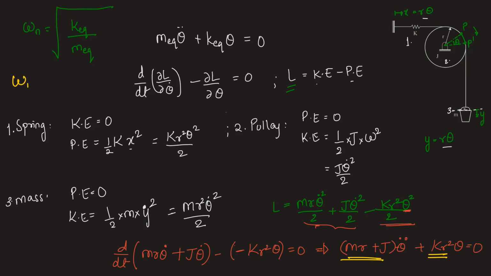Substituting it here, we have natural frequency is equal to under root of k r square upon m r square. So actually here it is square. Sorry that I have missed the square here. So it is m r square theta dot here and m r square over here. So we have in the final answer, in the denominator, it is m r square plus J.